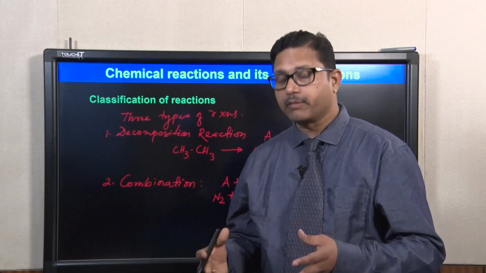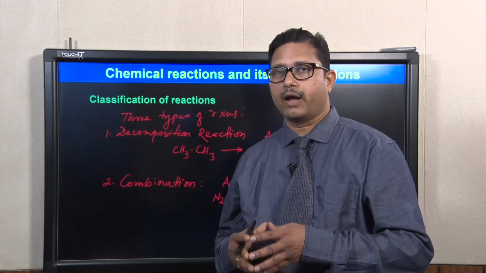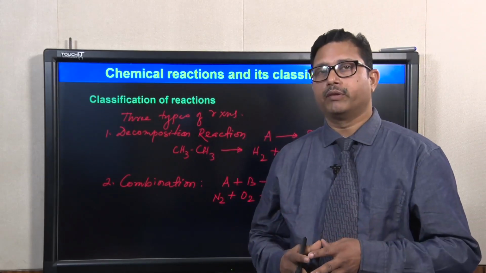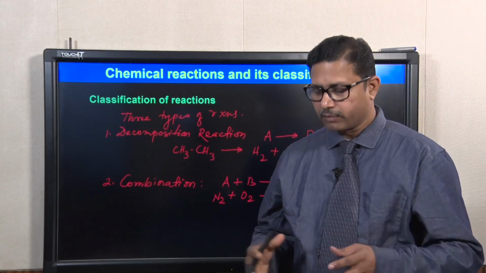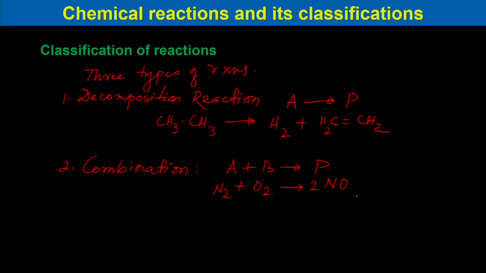Calcium carbonate reacts with nitric acid, forms calcium nitrate, and then it is converted to different usable forms for the plants. So, this is one famous example of atmospheric nitrogen fixation.